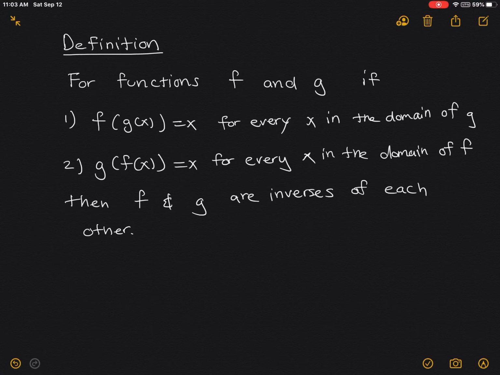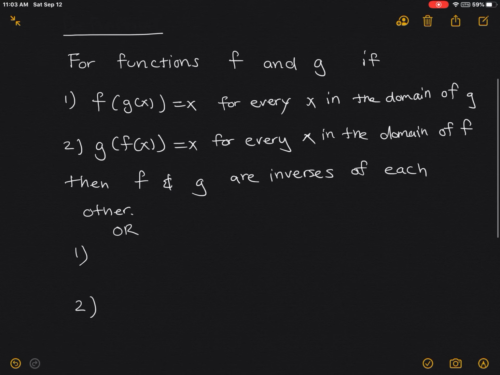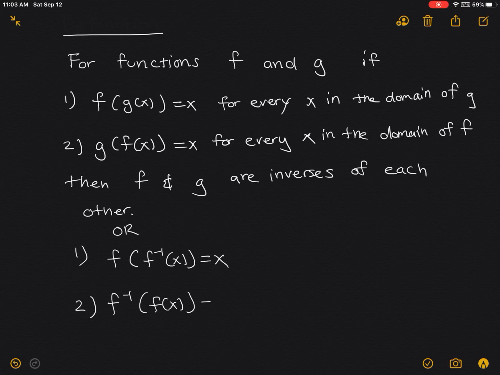The alternative way of writing this, you could write it like this, for number 1 or number 2. f of f inverse of x is equal to x, or f inverse of f of x is equal to x.